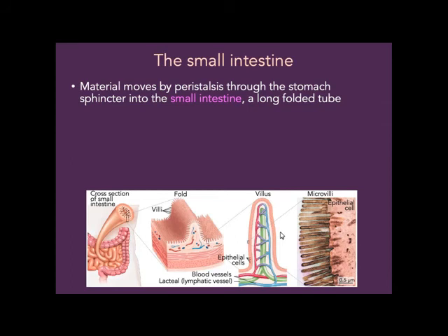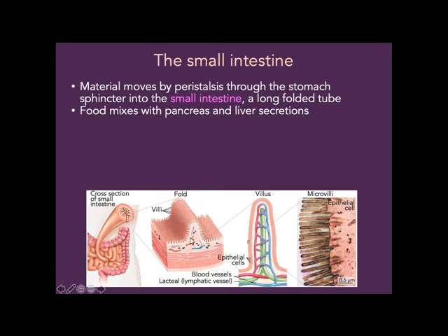Okay, the material then moves by peristalsis through the stomach sphincter into the small intestine, which is basically like a long folded tube. The food will mix with secretions coming from the pancreas and liver. Let's look at the structure of the small intestine. If you look in cross-section, you can see it has a lot of infoldings.